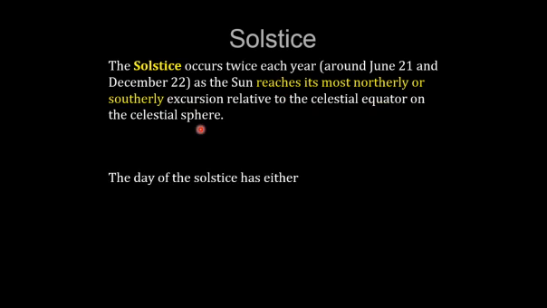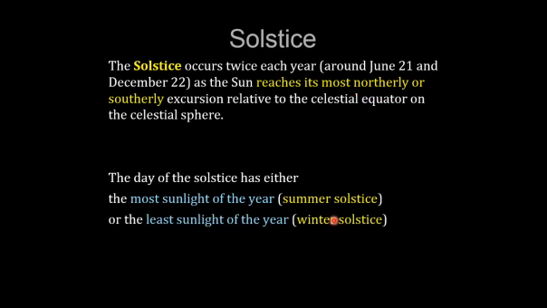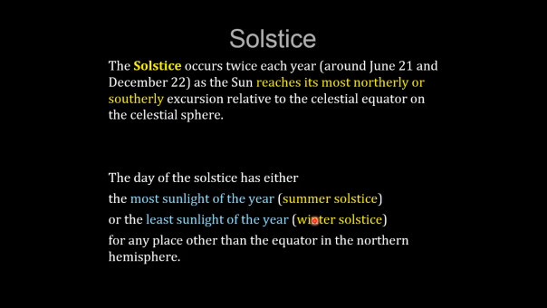Okay, so the day of the solstice has either the most sunlight of the year, then it is called summer solstice, that happens when the sun is at its most northern point, or the day would have the least sunlight of the year, which means the sun is at its most southern point, and hence the northern hemisphere would experience winter, and hence the name winter solstice.